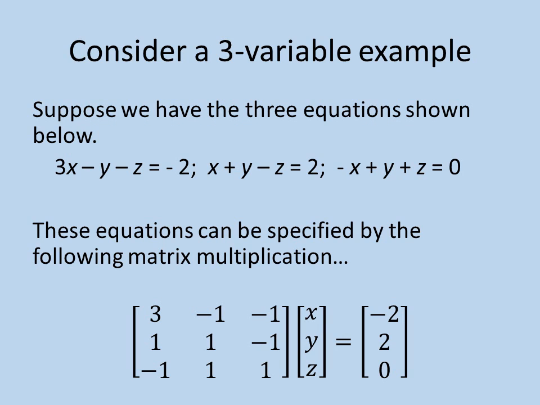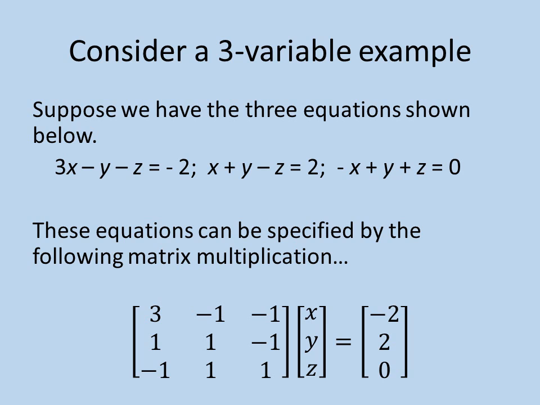Let's take a look at a particular example of a three-variable example, and in this case we have three equations, and we'll have the three unknowns x, y, and z. And if we wanted to write these in matrix form, we would end up with, notice the constants 3, -1, and -1 show up as the first row in our 3 by 3 matrix.